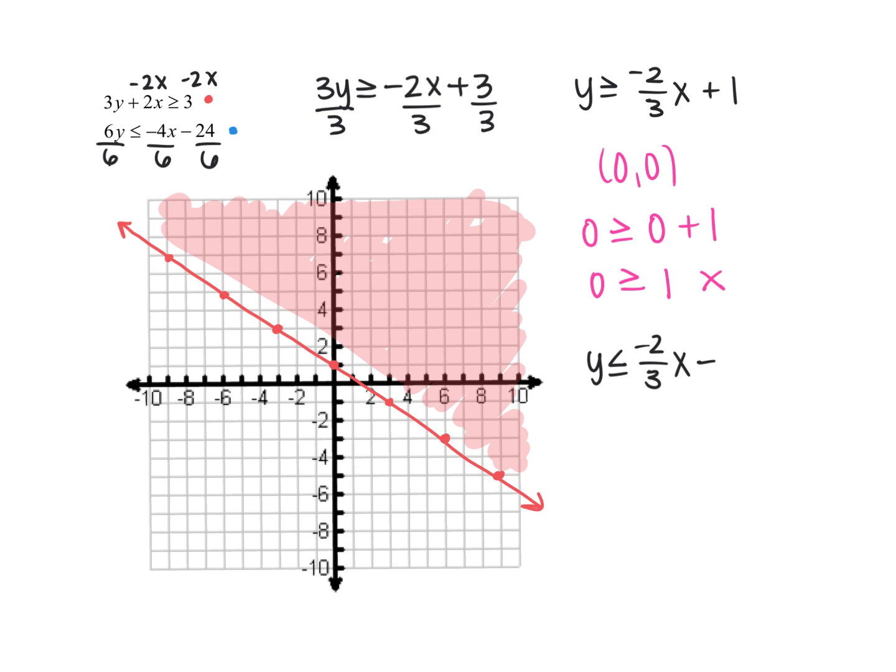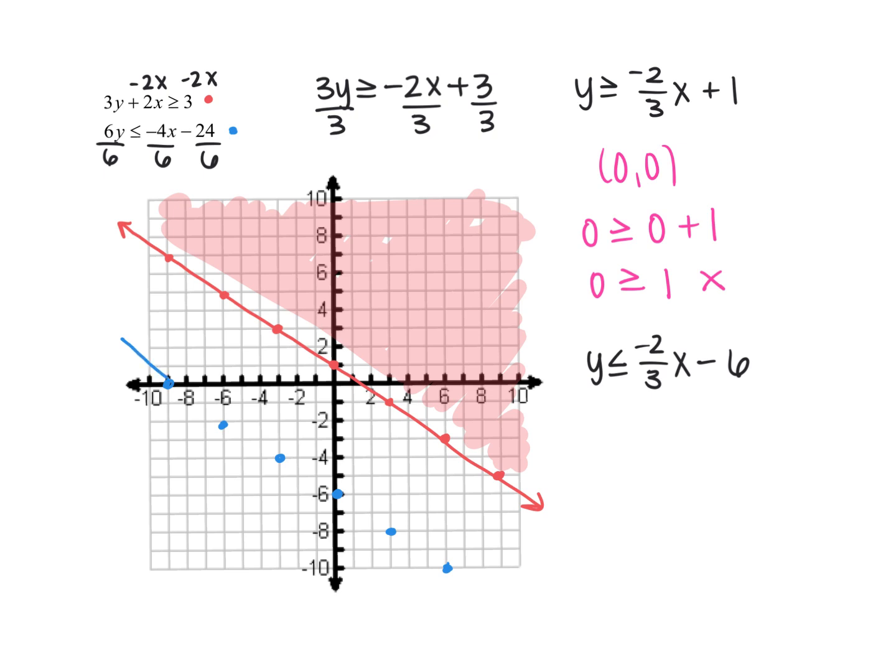And then minus 6. So when it goes to graphing this inequality, I start at negative 6. I still have a slope of negative 2/3. So I'm going to go down 2, right 3, and then I'm going to go up 2, left 3.